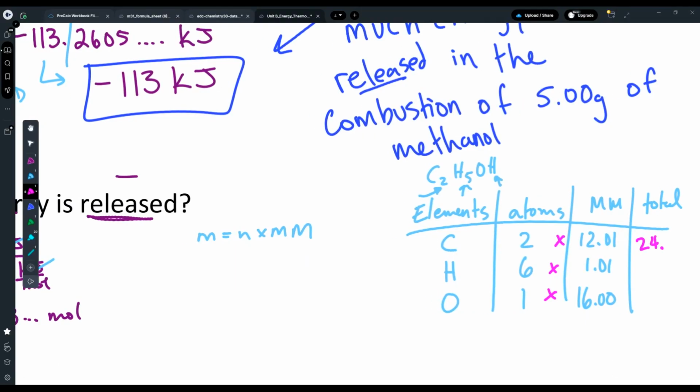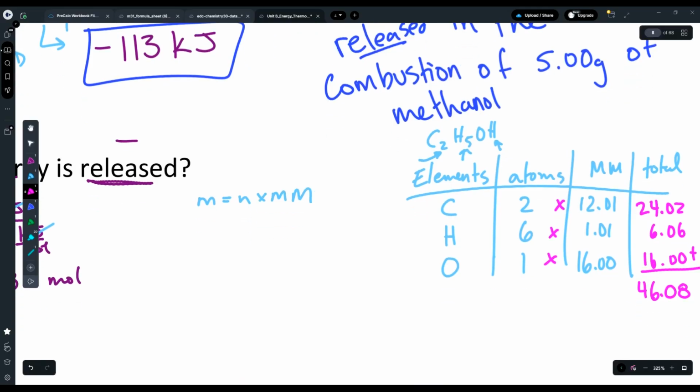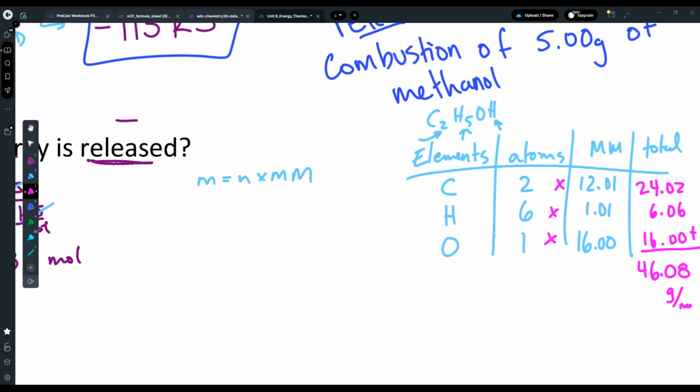That's going to be 24.02, that's going to be 6.06, and then 16. We add these all up, and that's going to give us 46.08. And that's going to be grams per mole. Okay, so that's the molar mass of ethanol.